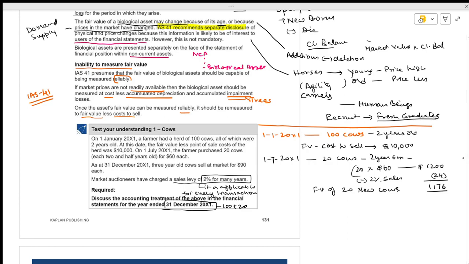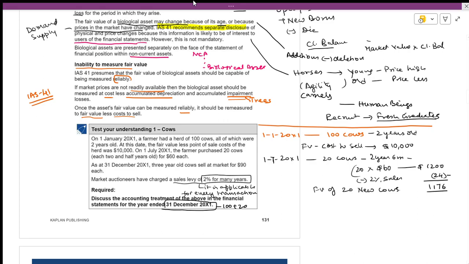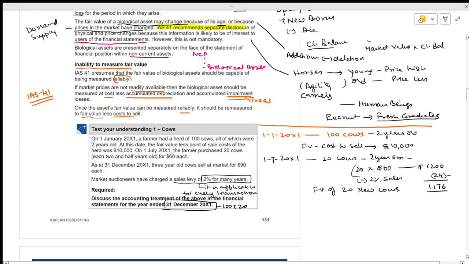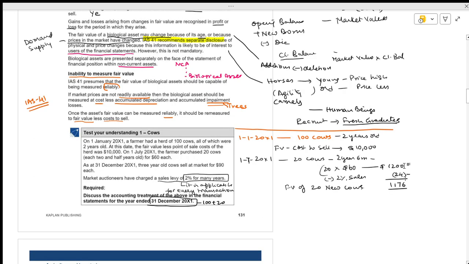This 2% has to be charged in the profit and loss account as a loss.